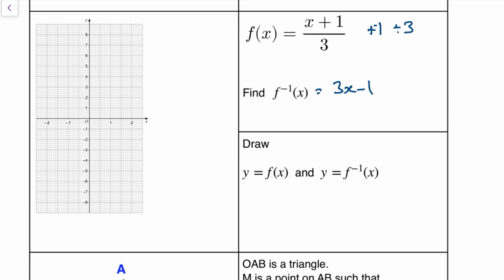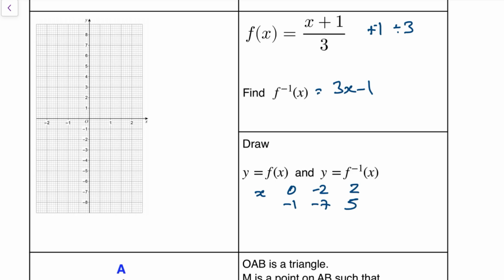So to draw f minus 1 of x, that's easier, isn't it? Let's do a quick table of values for this one here, but I know that this is going to be a straight line and it's going to go through 0, minus 1. I put in minus 2, so that is 3 times minus 2 minus 1, which is minus 7, and put in 2, and that's going to give me 3 times 2, which is 6, minus 1, which is 5.